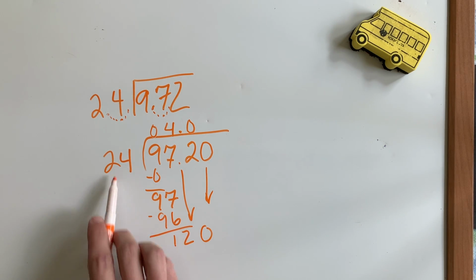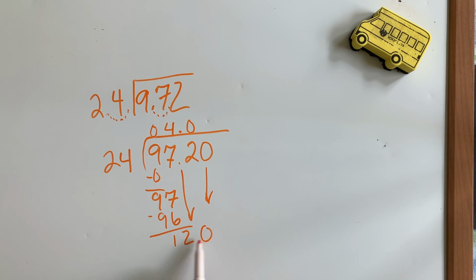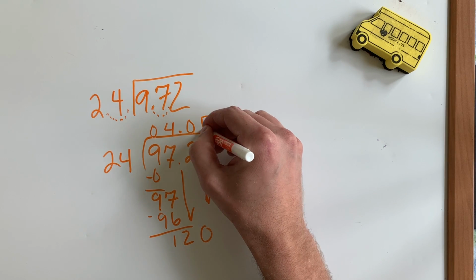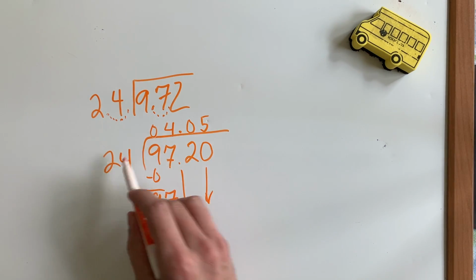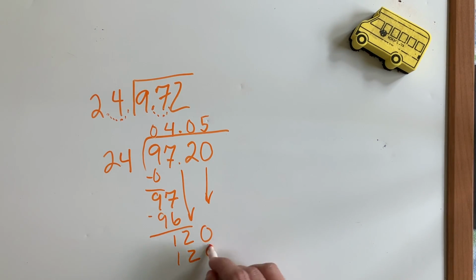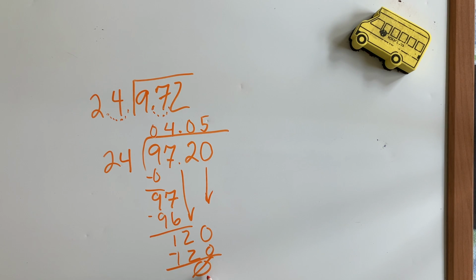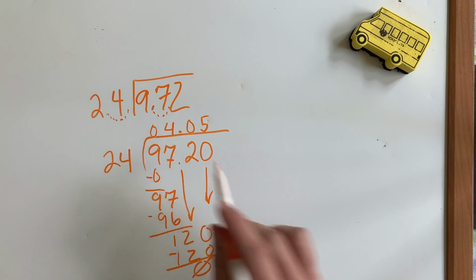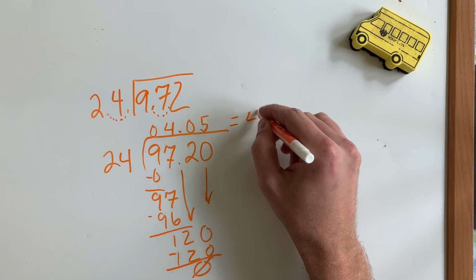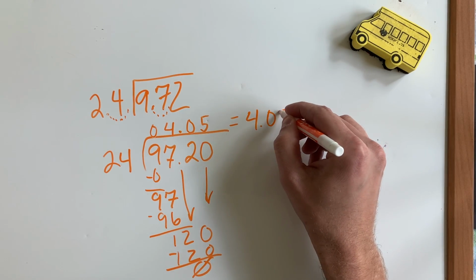And I say 24 can go into 120, and it goes in 5 times. 24 times 5 is 120. And so when I subtract, I get 0 left over. I've used all my digits, I have nothing left over, and so my final answer is 4.05.